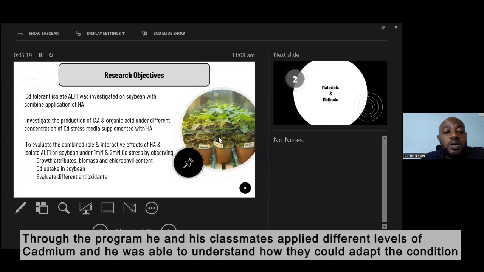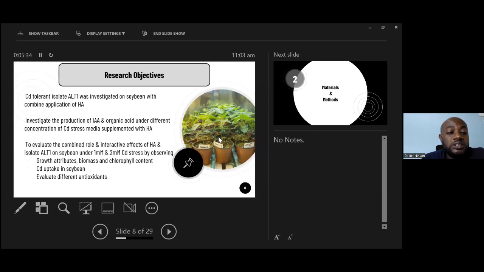And throughout the program, we applied stress levels of different concentrations of cadmium to understand how they could adapt to the conditions.